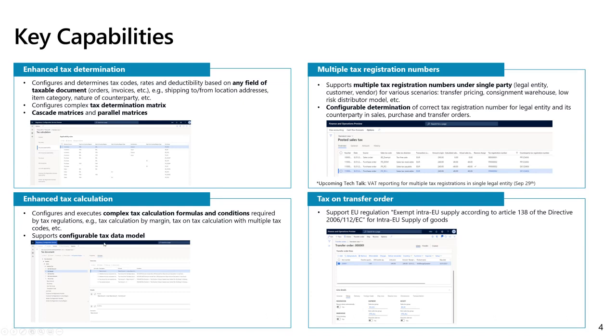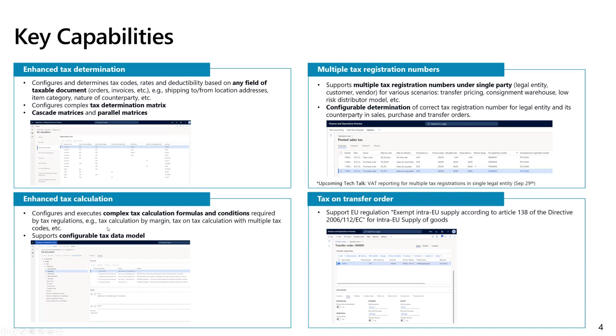As I introduced, in the current tax engine in FO, all the tax calculation methods are hard-coded in the system. But with this new engine, it provides a low-code, no-code experience. You can just write your formula and the conditions here to define how you want to calculate tax.